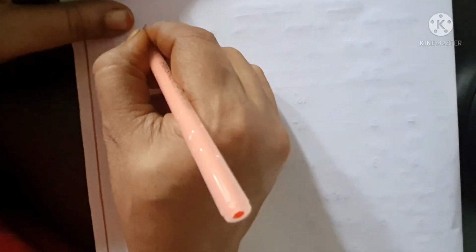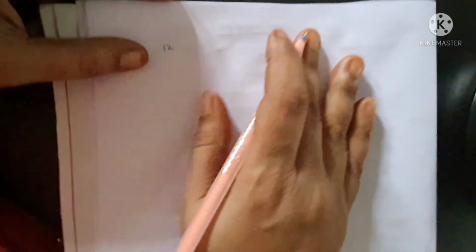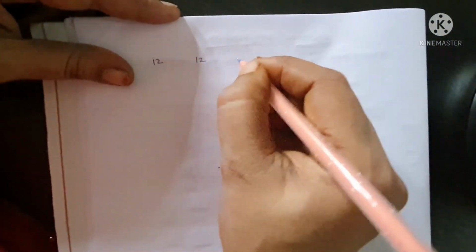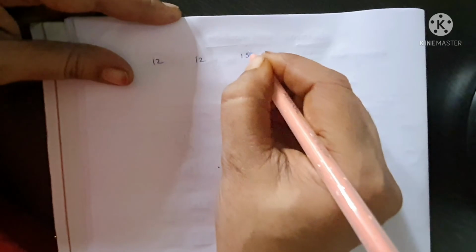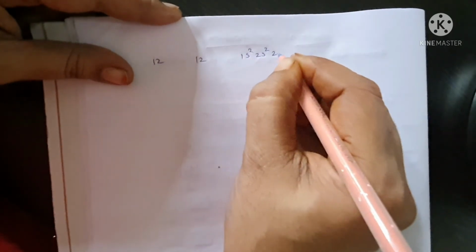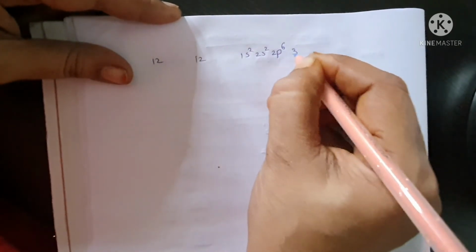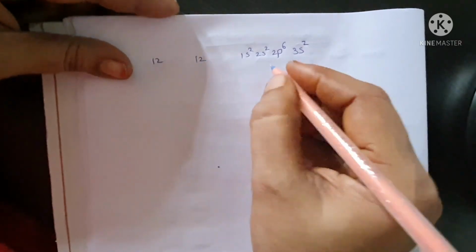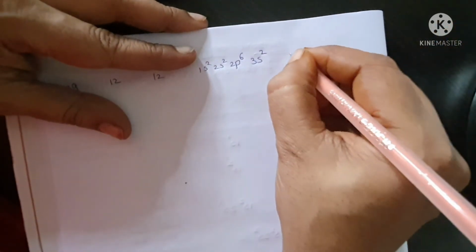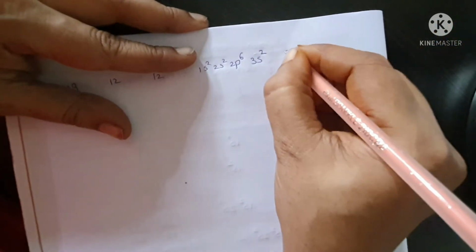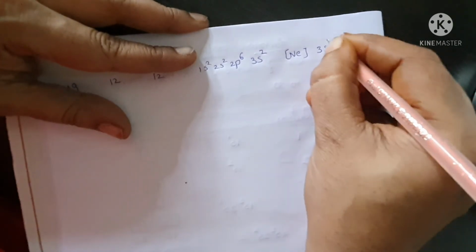And how to write for magnesium? Magnesium atomic number is 12, number of electrons are 12 and the electronic configuration is 1s2, 2s2, 2p6 and 3s2. We will write like this also: neon and 3s2.